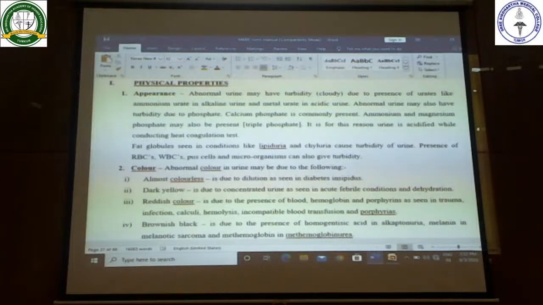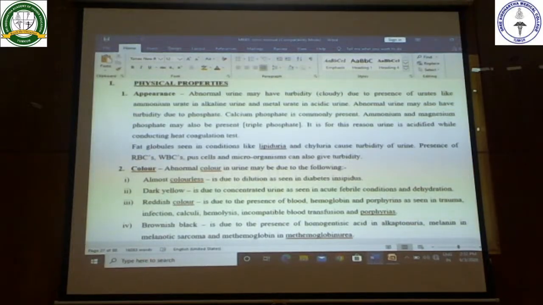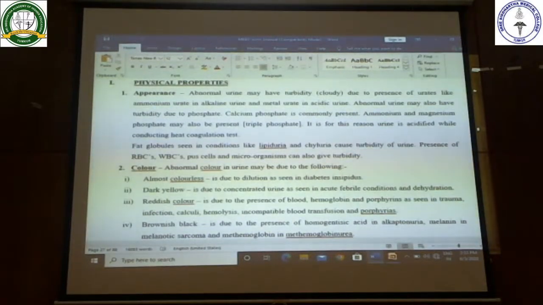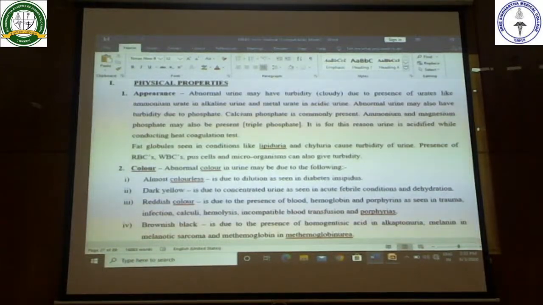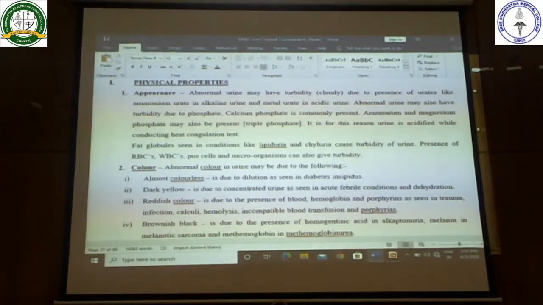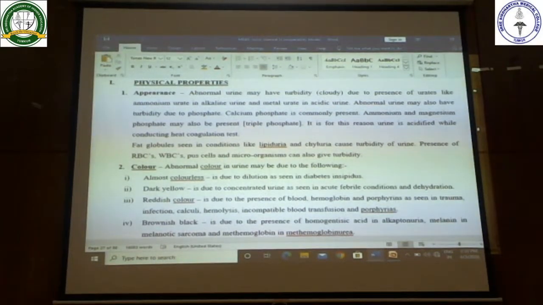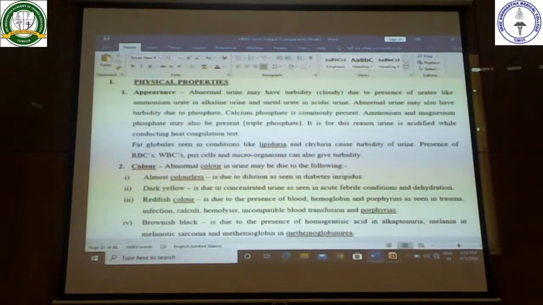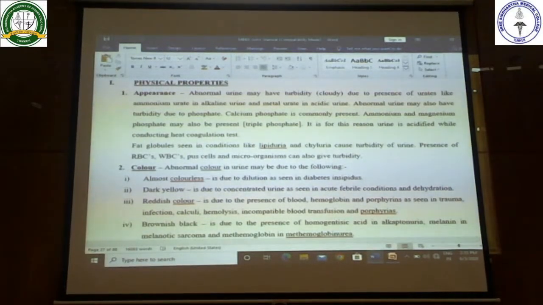And they also have turbidity due to phosphates. So calcium phosphate is the most commonly present phosphate in urine. You remember when we were doing the heat coagulation test, you used to heat the upper 1/3 of the test tube and then add acetic acid to dissolve the phosphates so that a false positive test does not come.